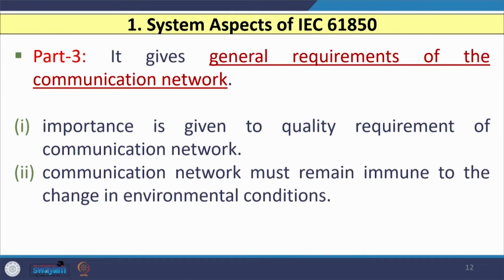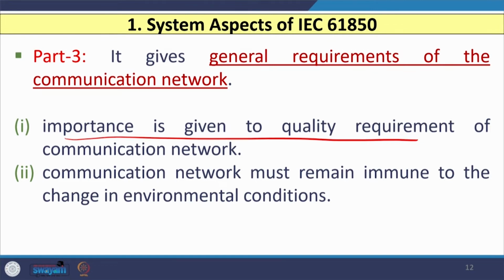In part 3 of system aspects, it gives the general requirements of the communication network, and special attention is given to the quality requirements of the communication network, which must remain immune to whatever changes happen in environmental conditions. Those aspects are also elaborated in part 3.